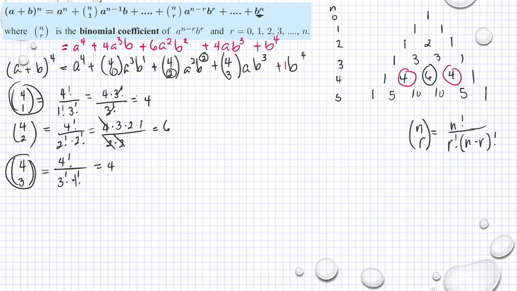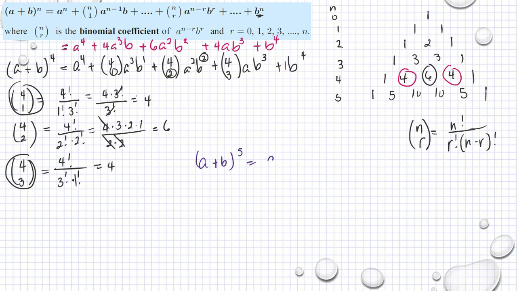We have, I will write it here with another pen. We have a plus b raised to 5 according to this.